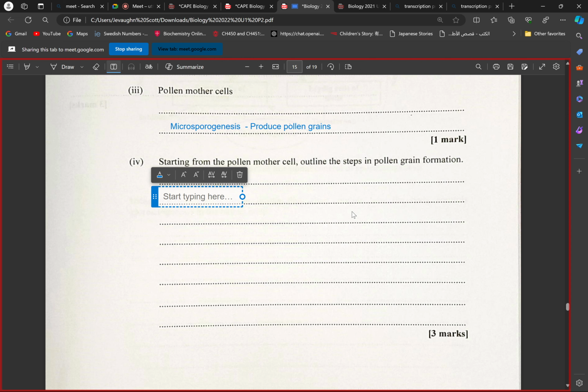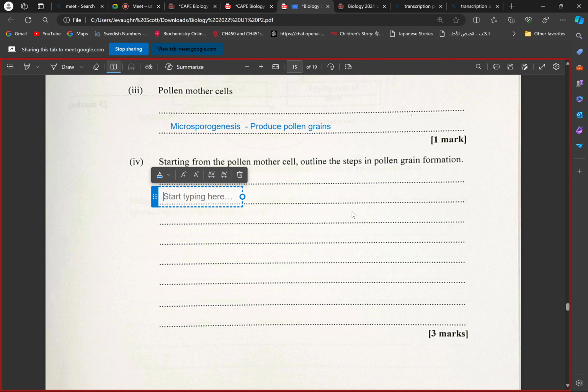If you ever write some sort of mitosis on your paper... So first, it undergoes meiosis. So yes, the mitosis would have occurred with the microsporangium to produce the mother cell. So after that, now we already have the mother cell. So what happens to the mother cell now?